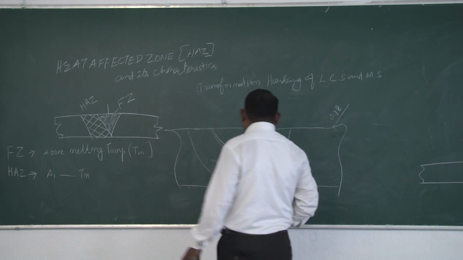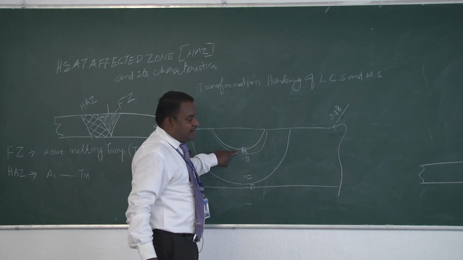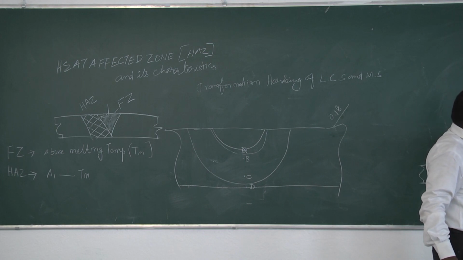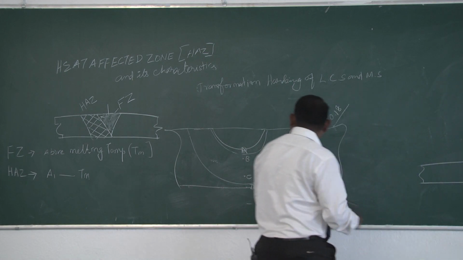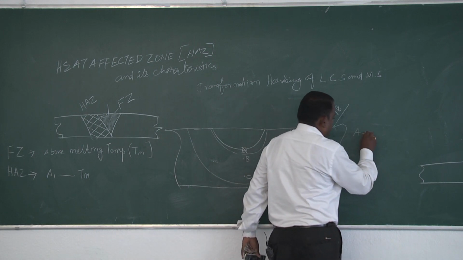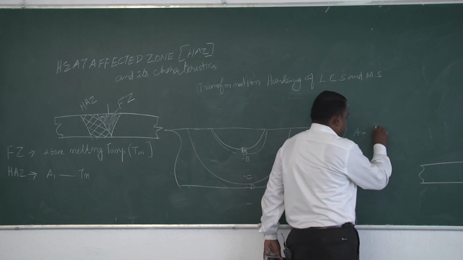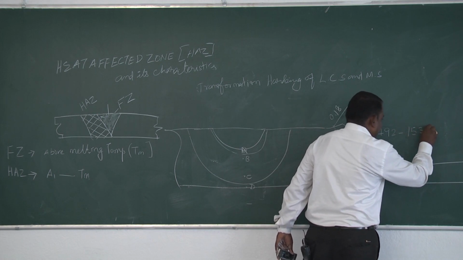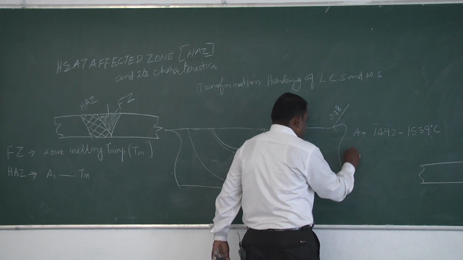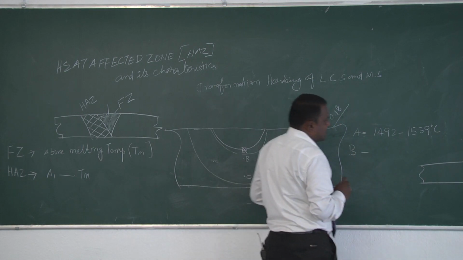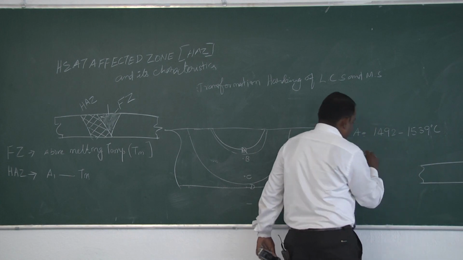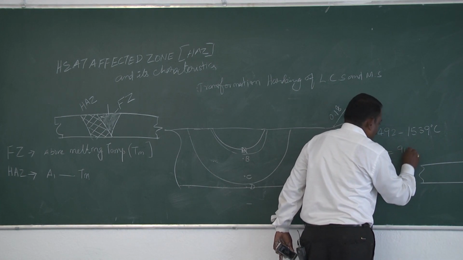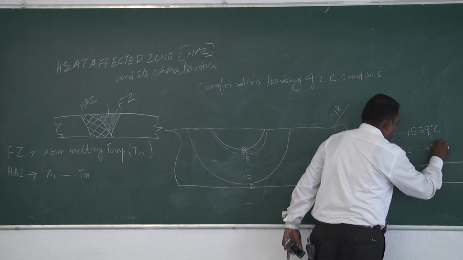Now location A will undergo a very high temperature, just below the liquidus temperature and above the peritectic temperature. Location A reaches above the peritectic, 1492 to the melting temperature of 1539 degrees Celsius. Location B experiences a temperature above A3, above 912 to 1492 degrees Celsius.